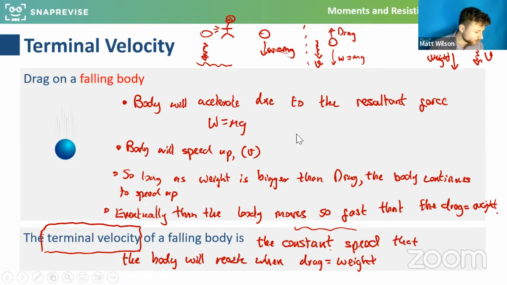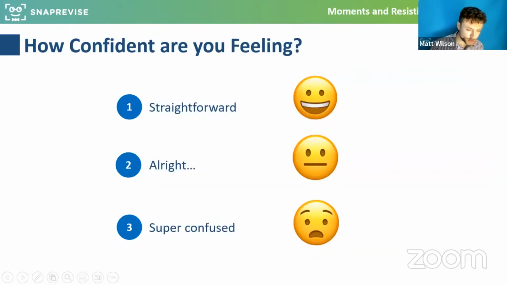Okay, so that is the stuff there was to learn about resistive forces today. In the second half, we'll look at rotational motion, but just before that, we're going to look at some exam questions on resistive forces. So just before that, how are we all feeling? Is this feeling straightforward? Is it feeling all right? Are we feeling very confused? Are there any questions?